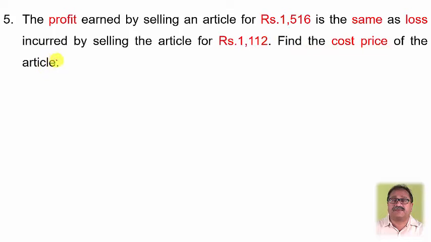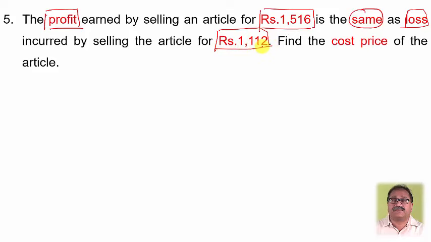Basically, it's a simple equation question with a concept of profit and loss. It says that the profit when he sells for rupees 1516 is same as loss when he sells it for rupees 1112. Find the cost price.